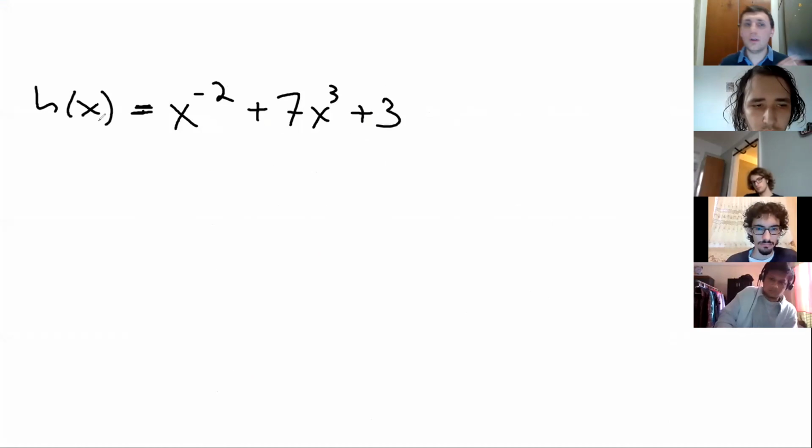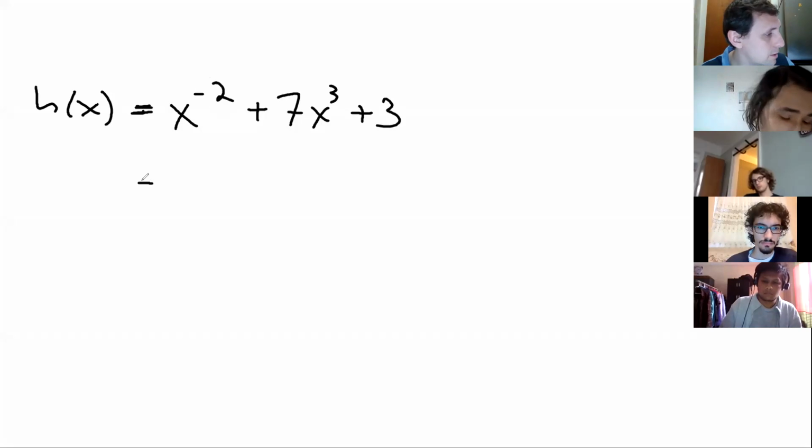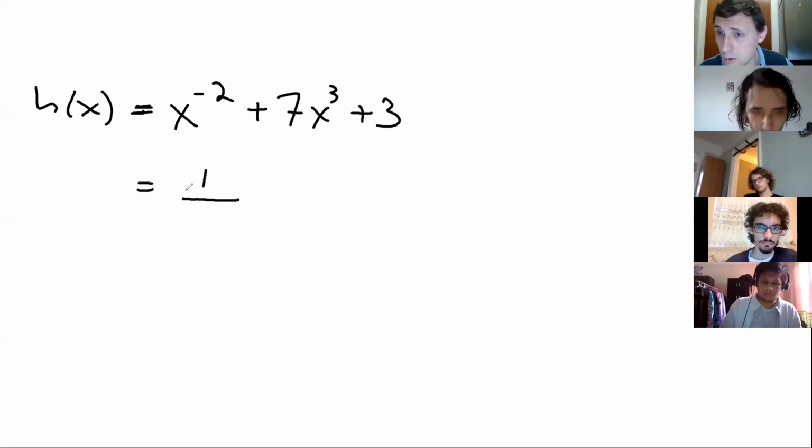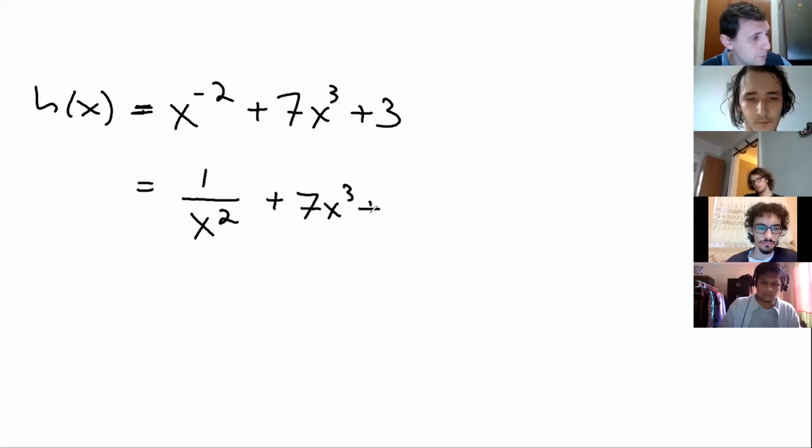So a lot of you agreed it's not a polynomial, yes? So what Christiana suggested is, this is the power x to the -2. Raising a number to the power of -2 is the same as 1 divided by the number raised to the power squared, plus 7x cubed plus 3. We will talk about it when we get to exponentials.